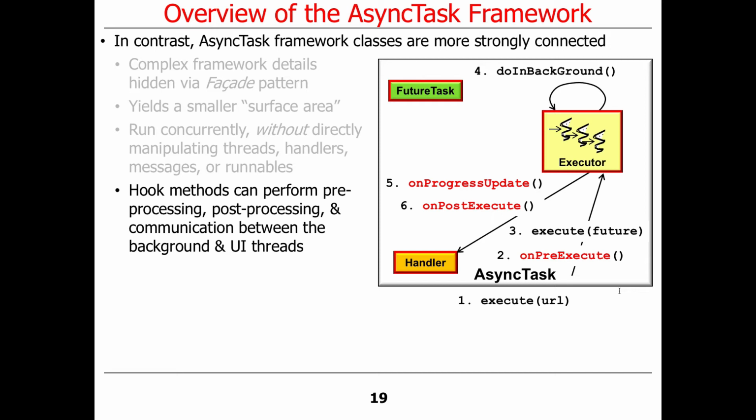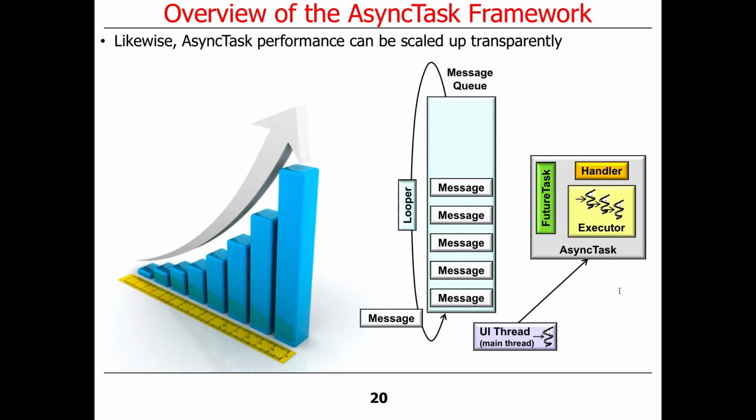And the whole thing works by hook methods that you can selectively override and then ensure get called back at the right time by the framework. And I'll explain how all that stuff works. That's actually very important to understand for your programming assignment.